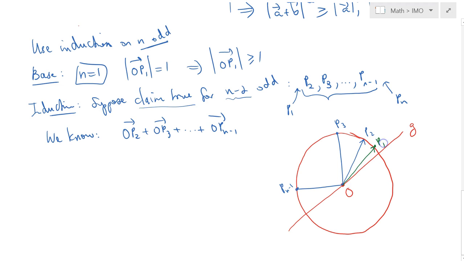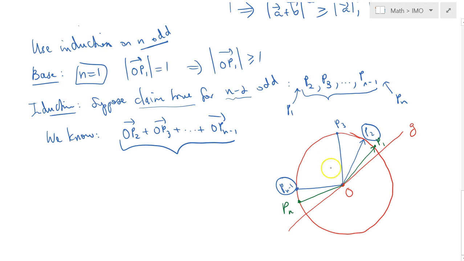Let's say that this is P1 and this one is P sub n. Well, first of all, using fact 1, we know that this vector here is somewhere between vector P2 and P sub n minus 1 on that arc or beyond that, right? So it is somewhere here.